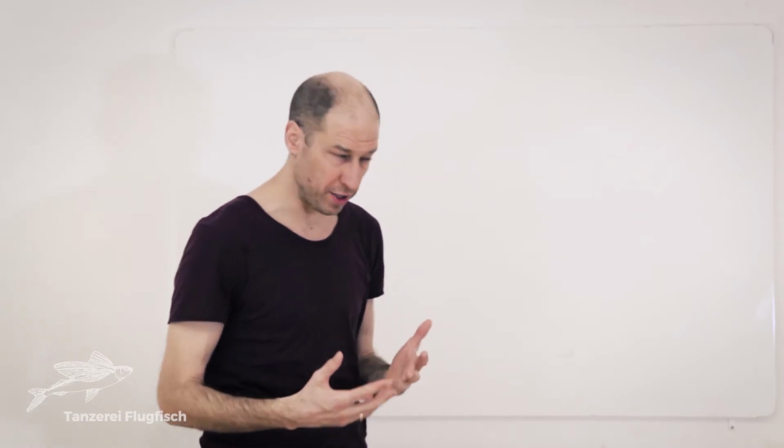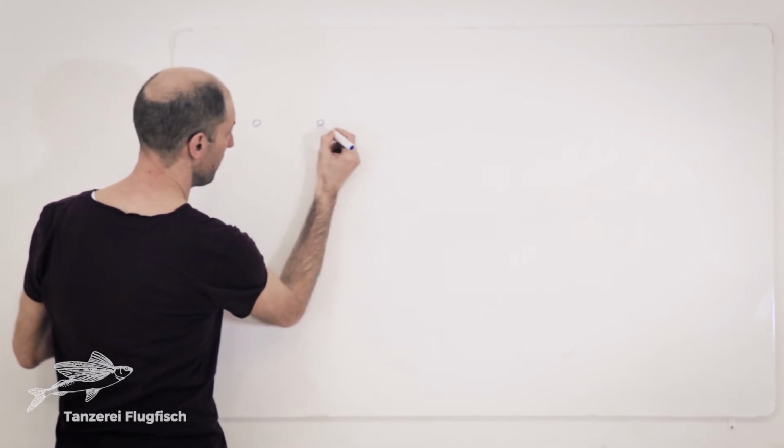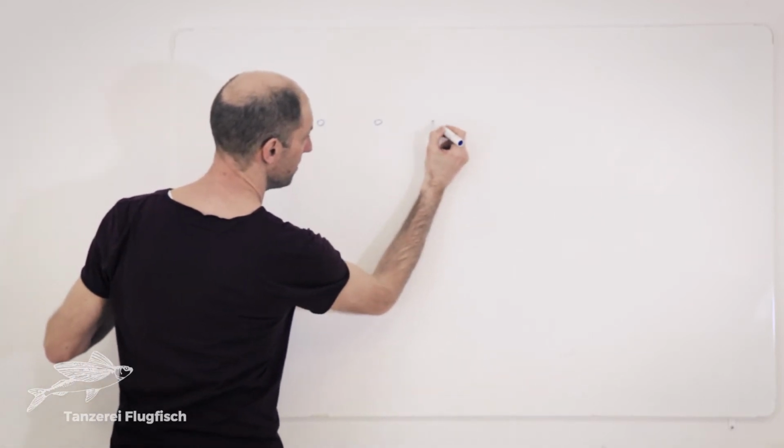Okay, and we have created a group of 4 steps or 4 beats each, and that would be called a bar or a measure.